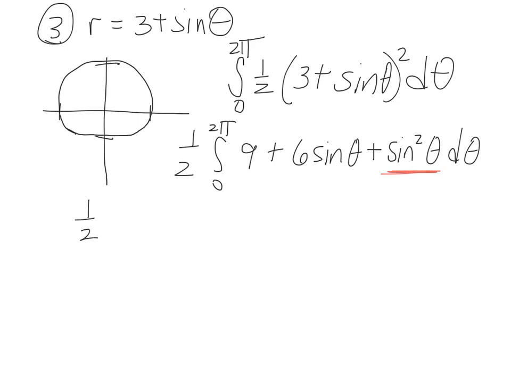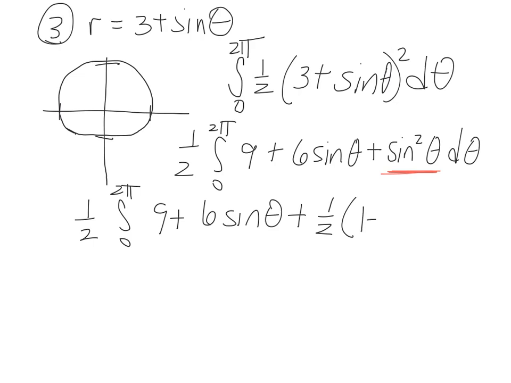So we're going to have all the same stuff followed by 1/2 times 1 minus cosine 2 theta, then d theta.